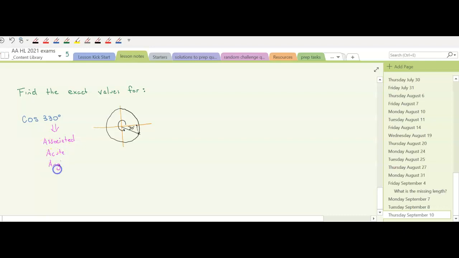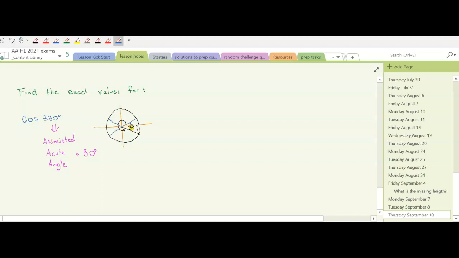So that's the AAA. My AAA for 330 is 30 degrees. It's this angle in here, the associated acute angle. If I bounce this back through all the quadrants in a symmetric fashion, then I get this bow tie approach here, and that's my associated acute angle there, 30.